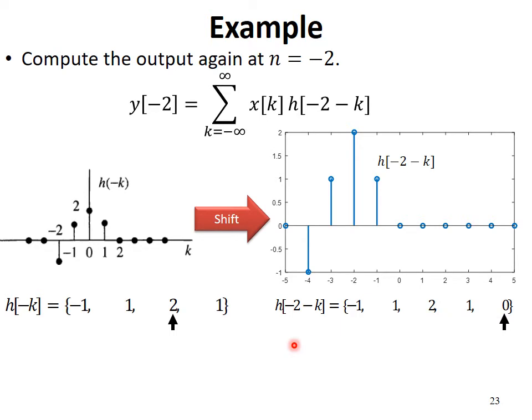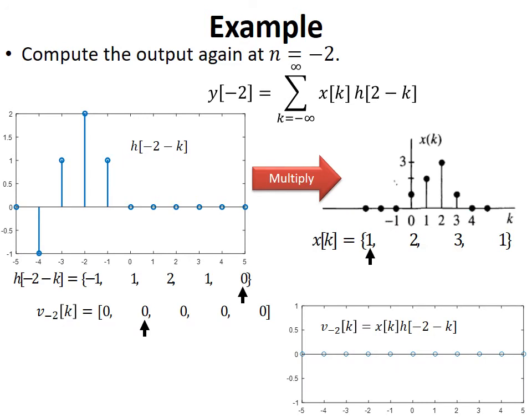Now the next step would be to multiply this sequence with x of k. Now the sequence h of -2 minus k would be multiplied with x of k.